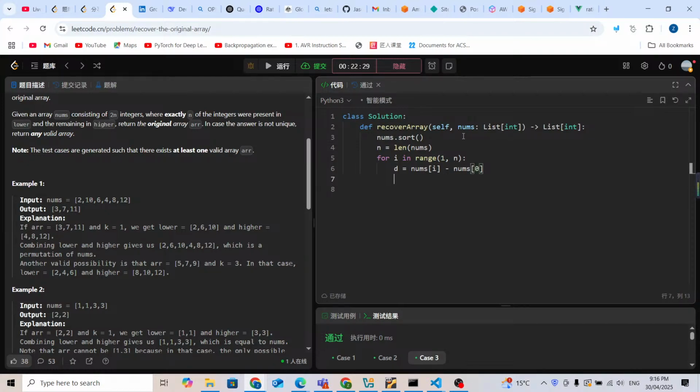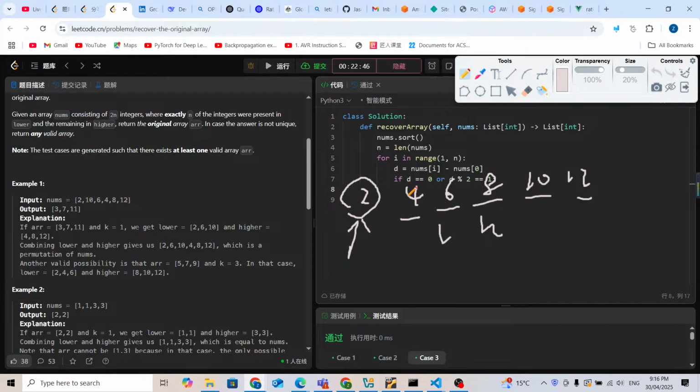If this difference equals 0, or this difference modulo 2 equals 1, then it means it is not possible. Why? The difference must be 2 times some number, so it must be even. It can never be odd, because the difference is just this number minus this number.